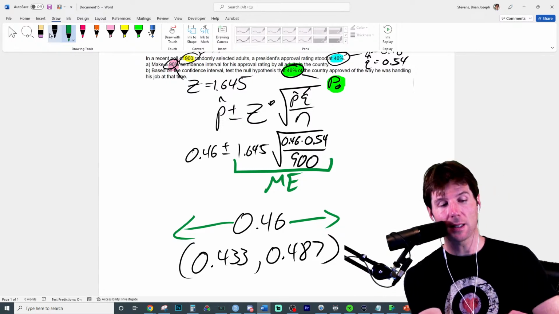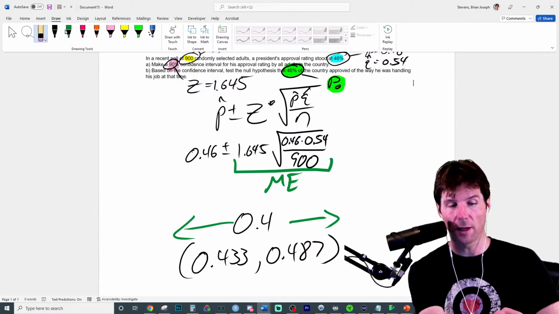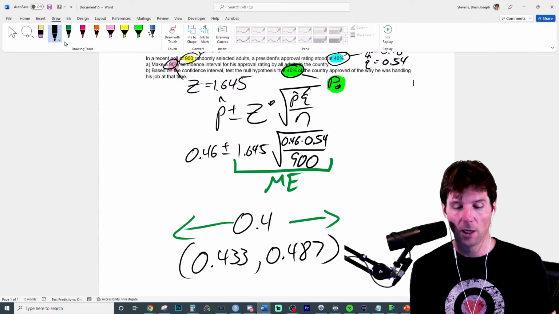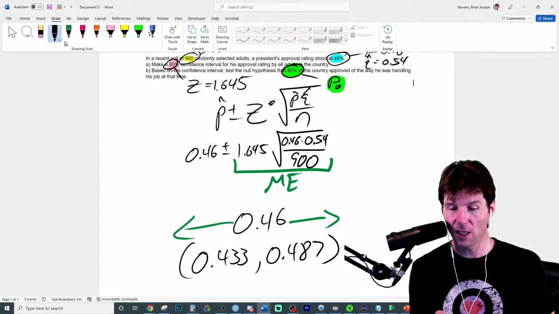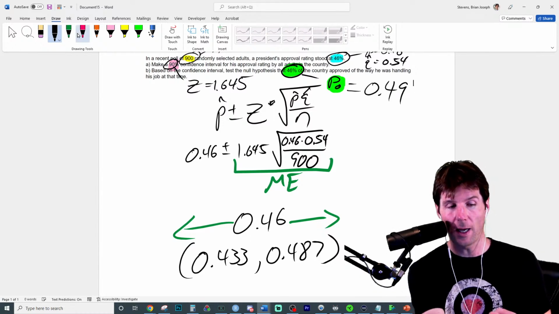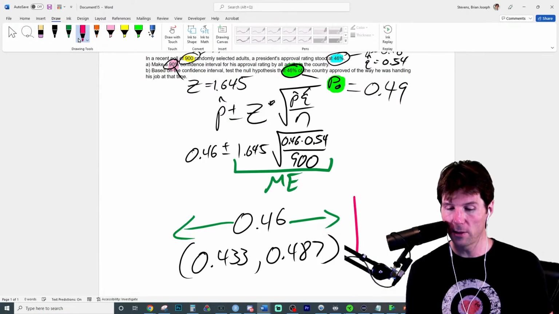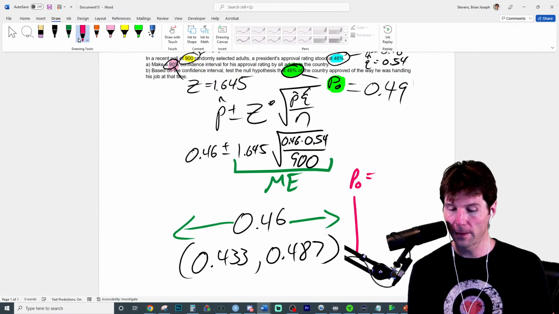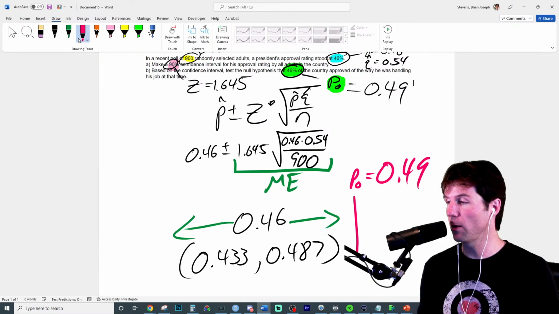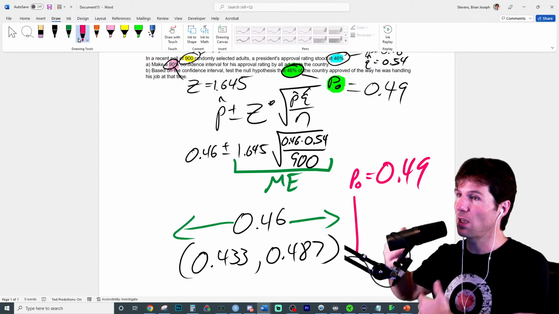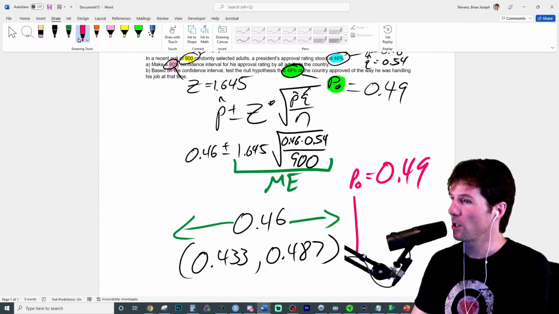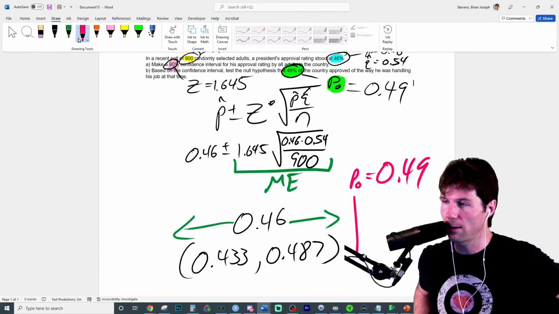Now, if they had hypothesized a number which would make it more interesting, like 49%, which we still need 46 here at the center, but let's say, this is not the question, but let's say it said 49% is the hypothesized. What do you notice about p naught right here? This is just a hypothetical, like if they had given us 49%. I've changed the question now to make it a little more interesting. What would you do with that value, and why would you do that?